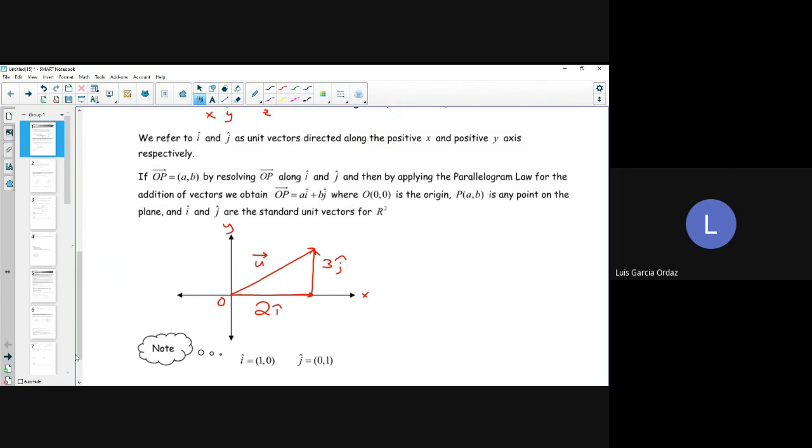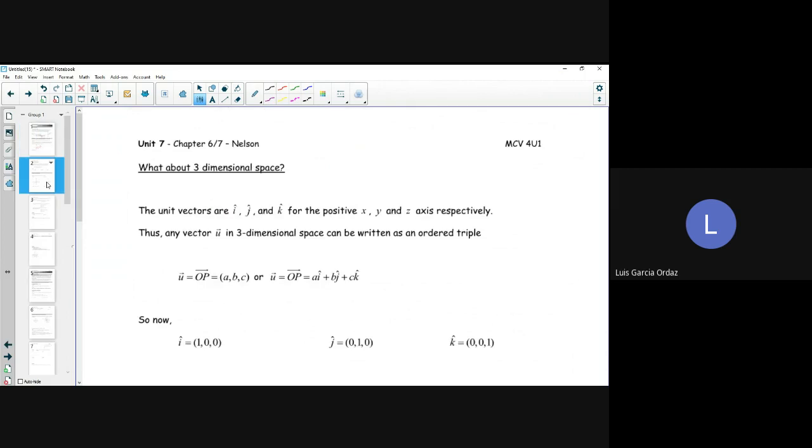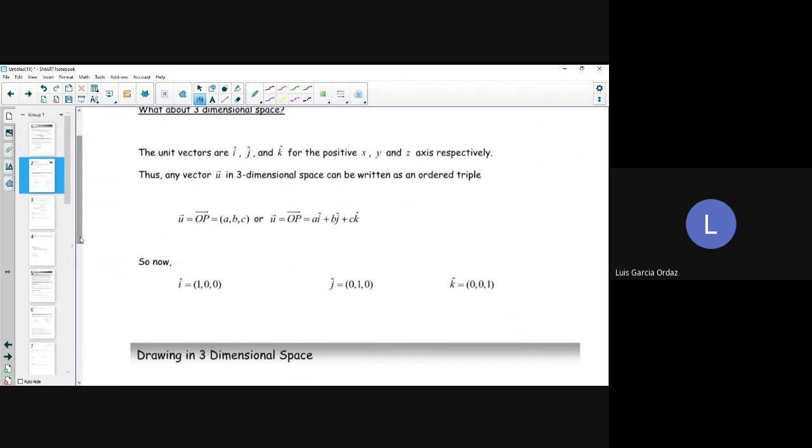However, it starts getting weird when we get into the 3-dimensional axes. In 3-dimensional space, they're labeled pretty differently. For the unit vectors i, j, and k for the positive x, y, and z axes respectively, any vector u in 3-dimensional space can be written as an ordered triple.